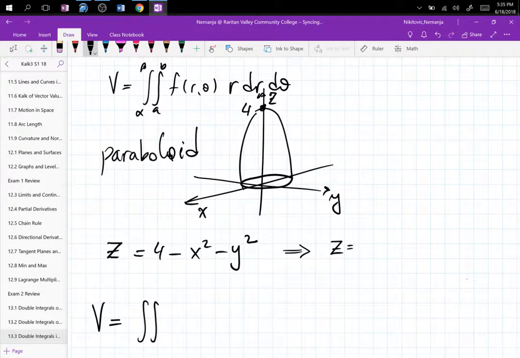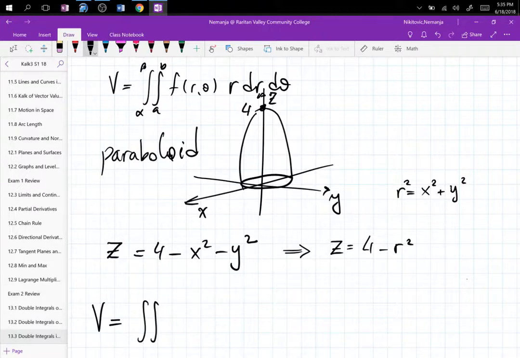So z is equal to 4 minus r squared. Now you might say why, and I will remind you from Calculus 2 that x squared plus y squared is equal to r squared. So if I factor out the minus sign from 4 minus x squared minus y squared, then I will have minus open parenthesis x squared plus y squared, and that's r squared. So I converted my formula, which was f of x y, into a formula which is z equals a function of r and theta.